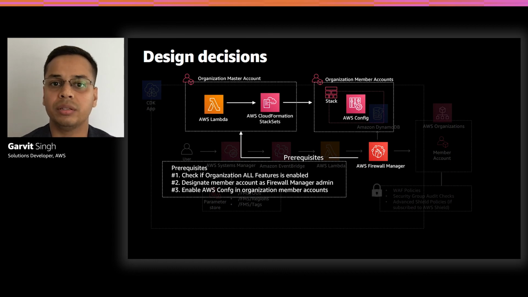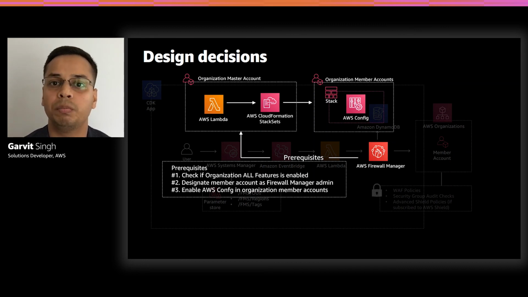And we saw in the demo that to fulfill one of the prerequisites, that was around enabling Config in your organization, we are using StackSets. So why did we use StackSets? One of the reasons is it allows easy management of accounts. Your organization can keep changing. You can add accounts or remove accounts, and StackSet picks up those changes.